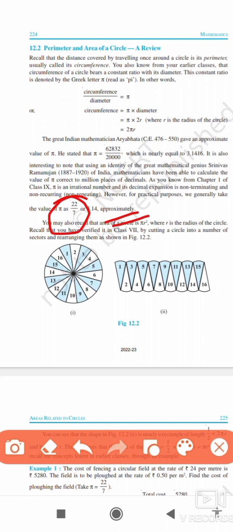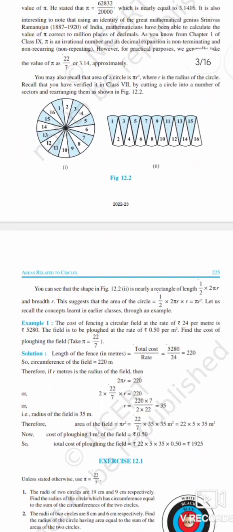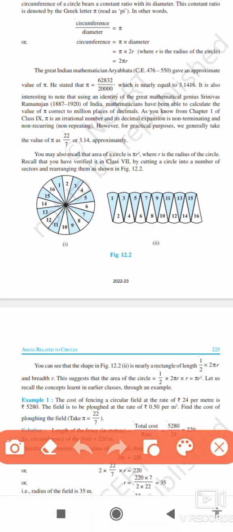Very long back, one of our Indian mathematicians, Aryabhatta, gave the value of pi at approximately 500, as approximately 3.14. Now the area of the circle is given by pi r square.